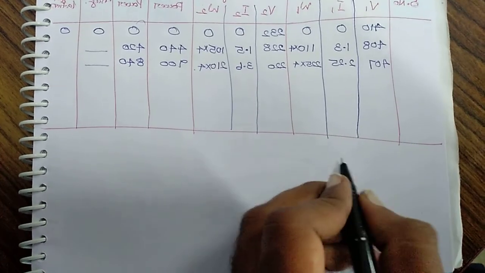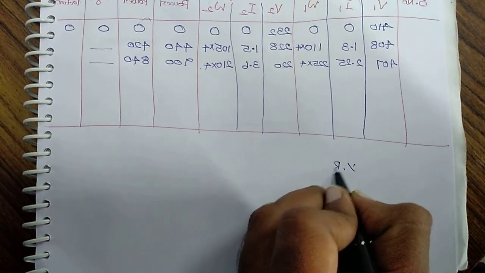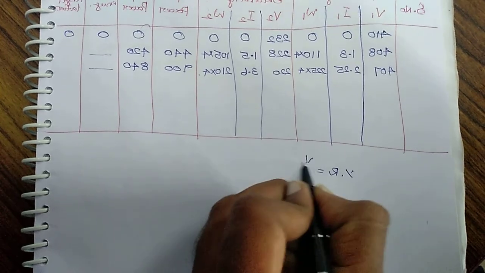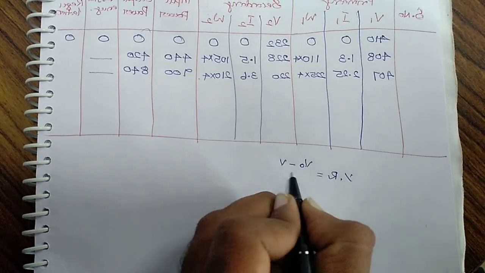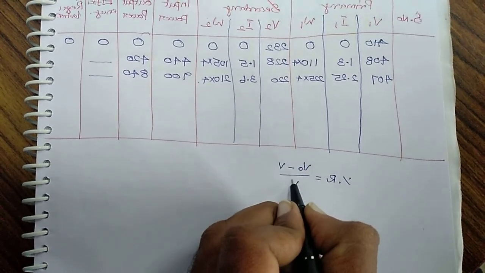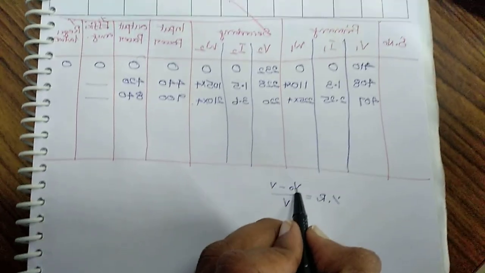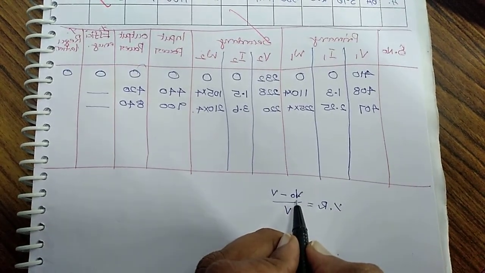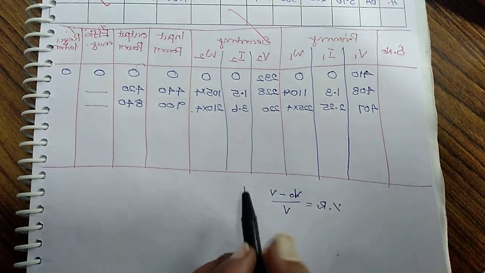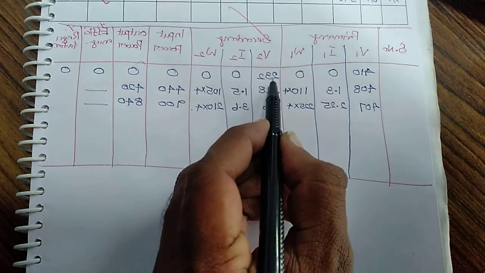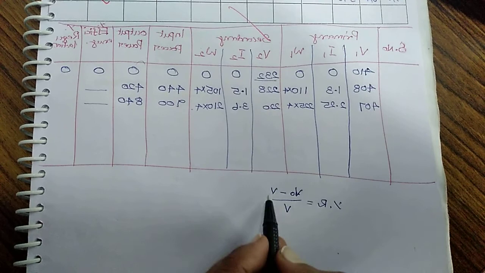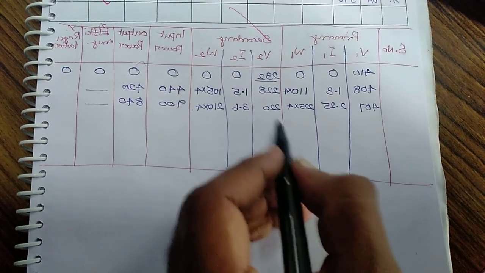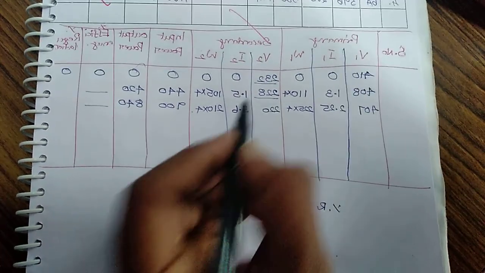You know the percentage voltage regulation formula: (V0 minus V) divided by V0, where V0 is the no load voltage. You can see the no load voltage in the secondary, 232. V is the load voltage, which under this load condition is 228.